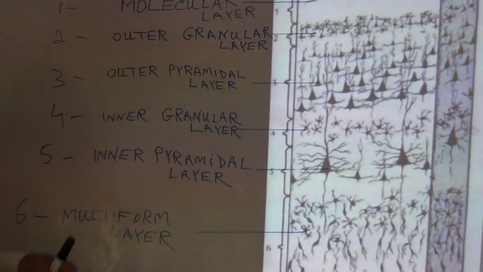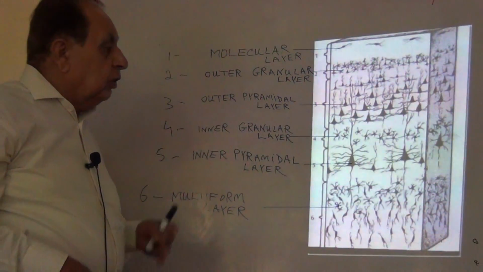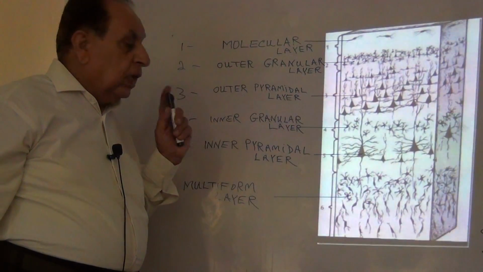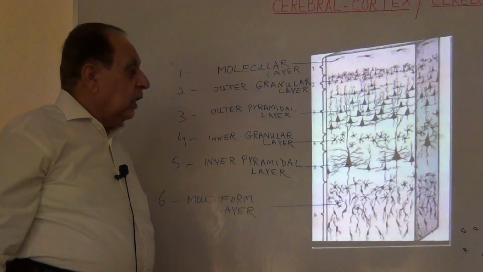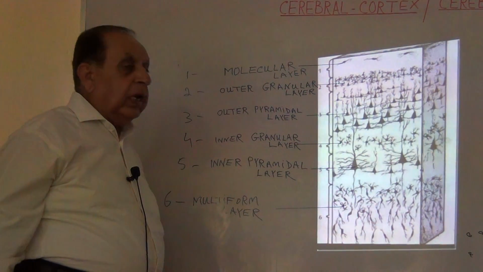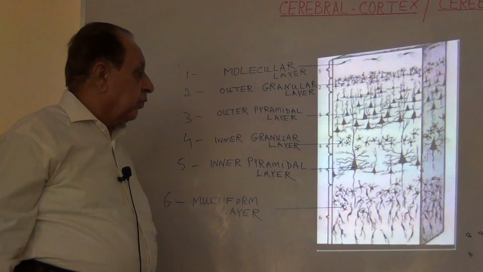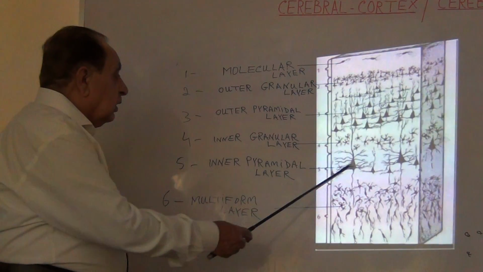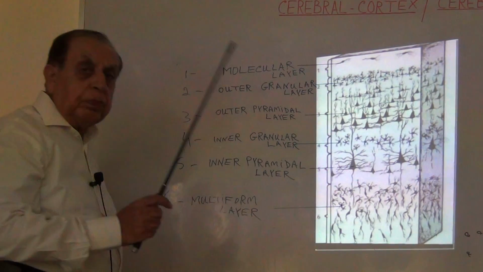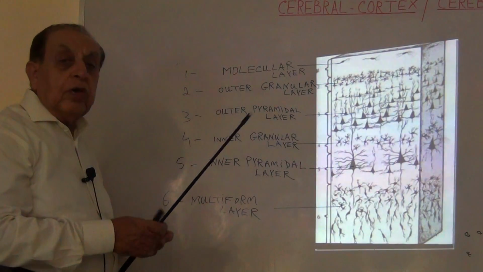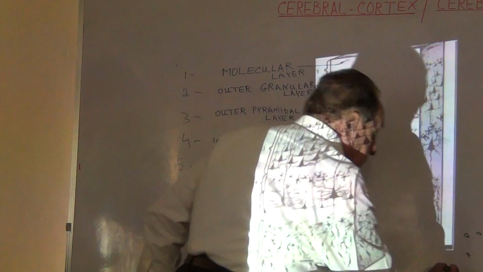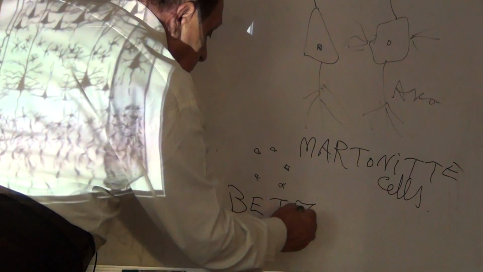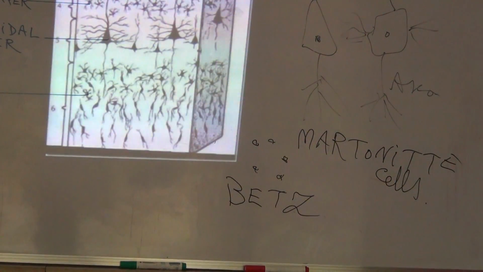We studied that oligodendrocytes form the myelin sheath around the axons in the brain and spinal cord. This was the inner pyramidal layer. These larger pyramidal cells are also called the Betz cells.